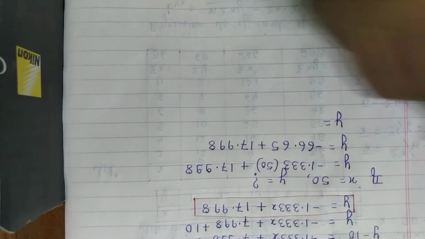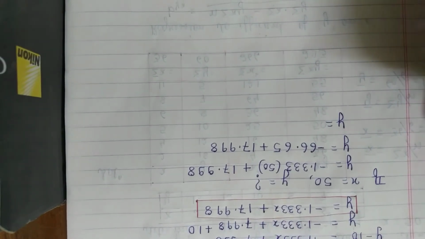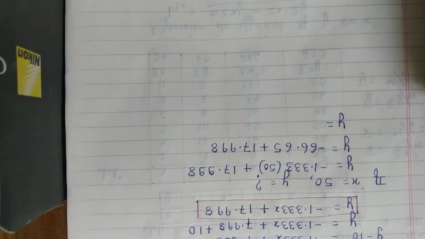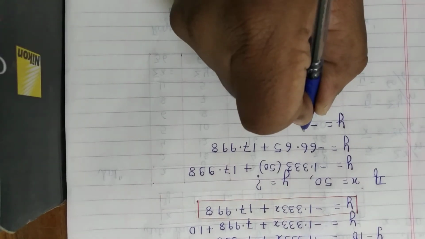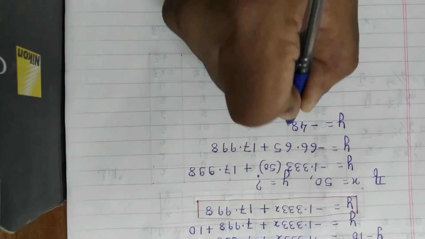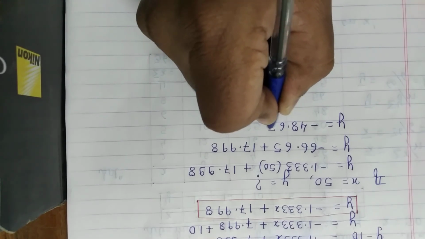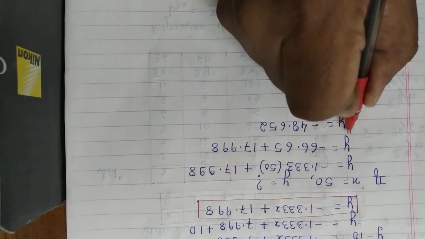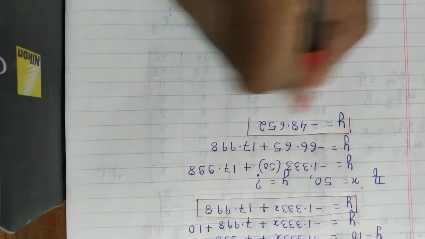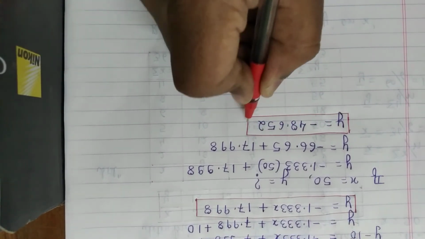So y equal to minus 48.652. So this is the answer what I am getting. Y value will be minus 48.652. I'll just see the table and I'll try to verify.